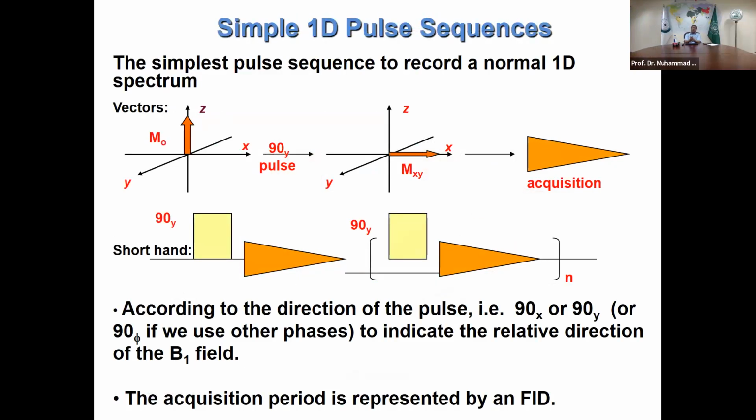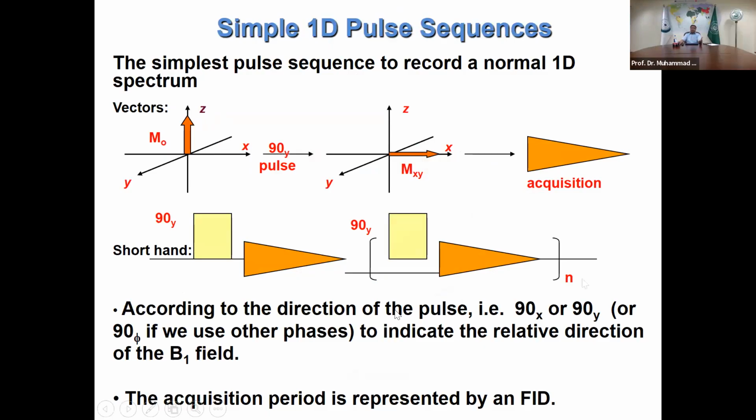Okay, so we discussed the single pulse sequence. It's called sequences. It's very, very simple: you have this net magnetization vector, longitudinally, you give a 90 pulse, it comes on X, you record the FID.